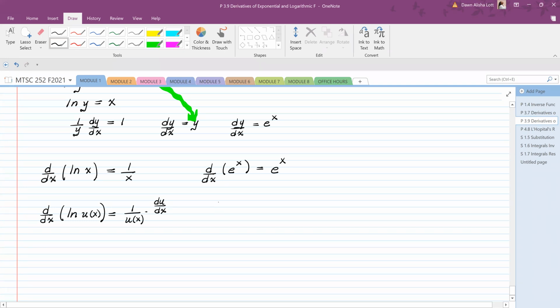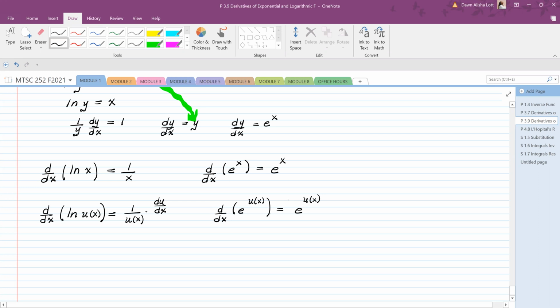So if I take the derivative with respect to x of e to the u of x, well, the derivative of e is that, so I'm going to get e to the u of x.